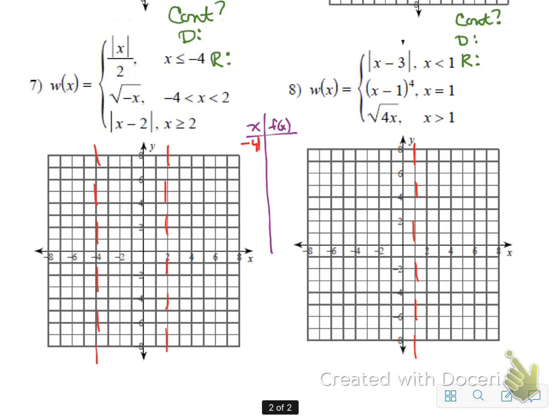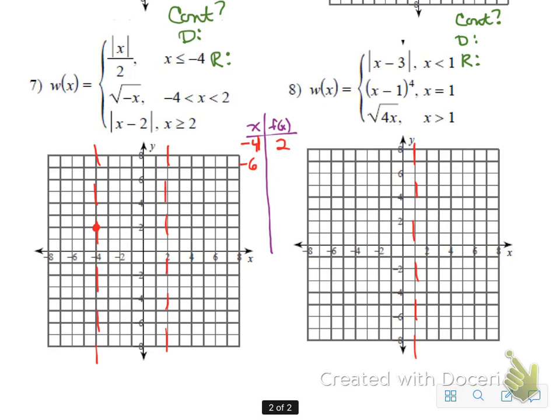Well, if x is negative 4, the absolute value of negative 4 is 4 over 2 is 2. And so I'm going to plot the point negative 4, 2. And that is closed because it's included. All right, let's do another one. Let's pick maybe negative 6. See what happens. Right, because I need to know what's happening to the left of negative 4. So I do need to test points to the left of negative 4, and negative 6 happens to be to the left of negative 4. So why not?